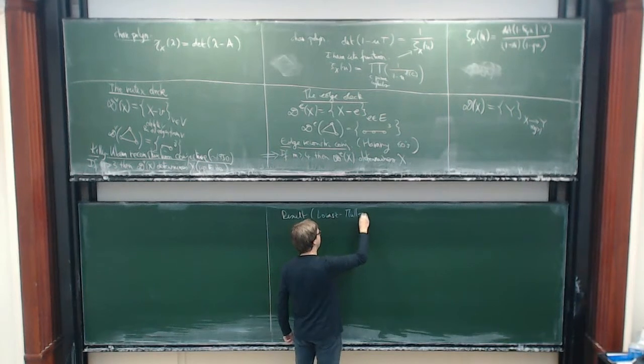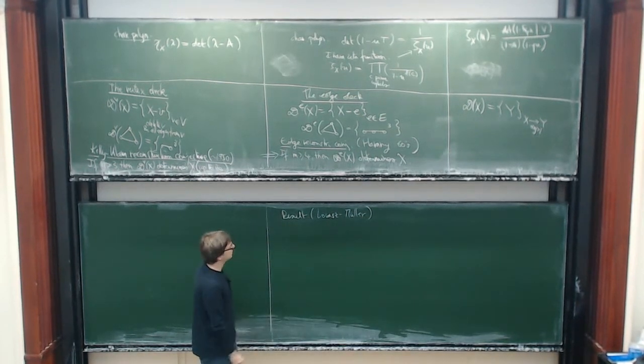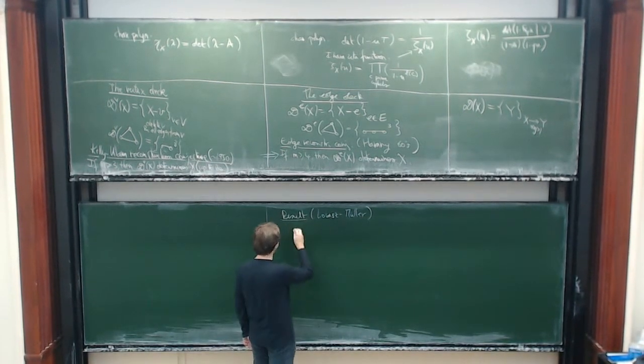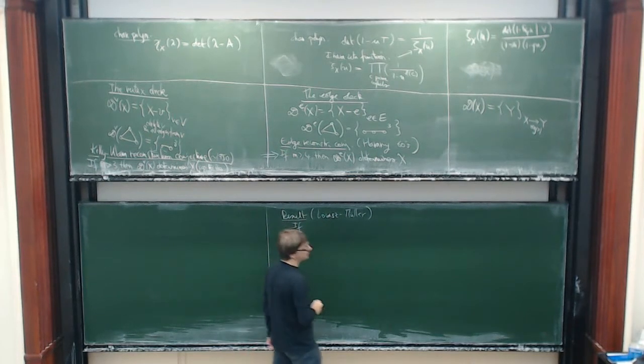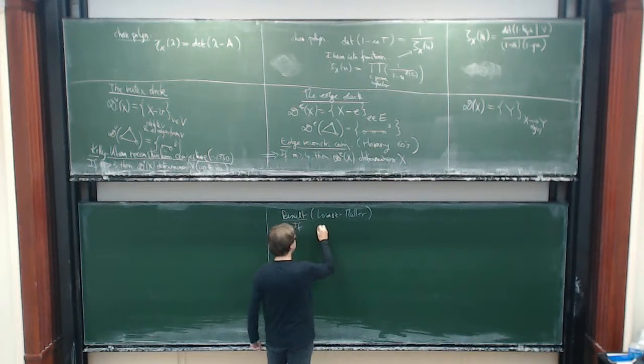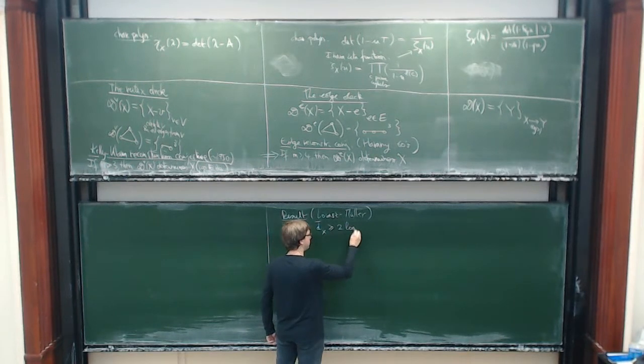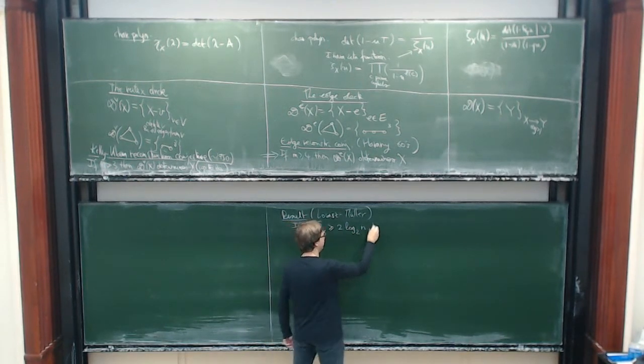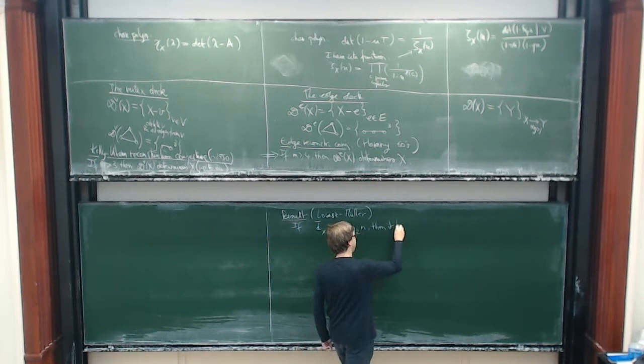Müller actually independently proved similar results. And one of them is that if the average degree is larger than or equal to twice log 2 of the number of vertices, then it holds.